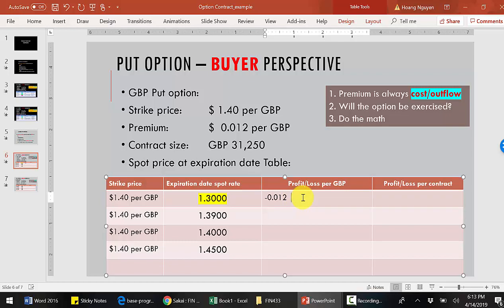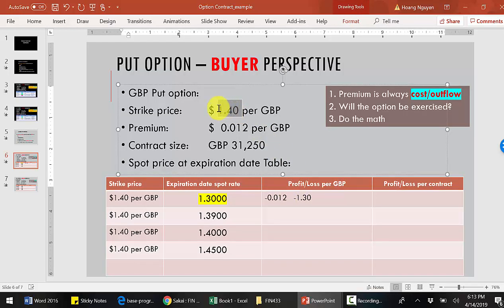So how to calculate the profit or loss? You can imagine it this way. In order to get pounds to deliver to the option seller, you have to buy pounds in the market and you pay 1.3, and therefore the 1.3 market price will be your cost. Now, once you pay and you get pounds, you deliver them to the option seller.